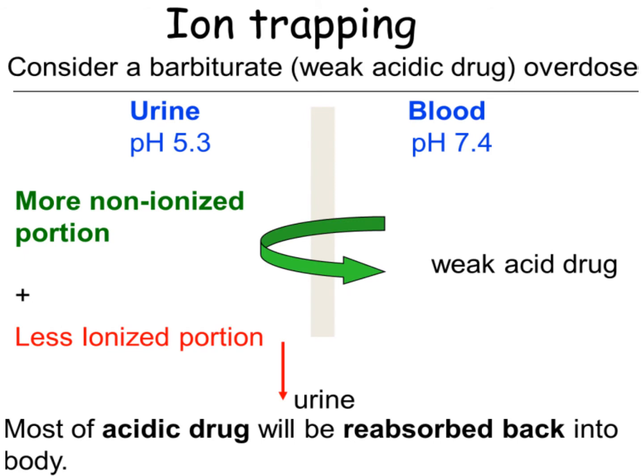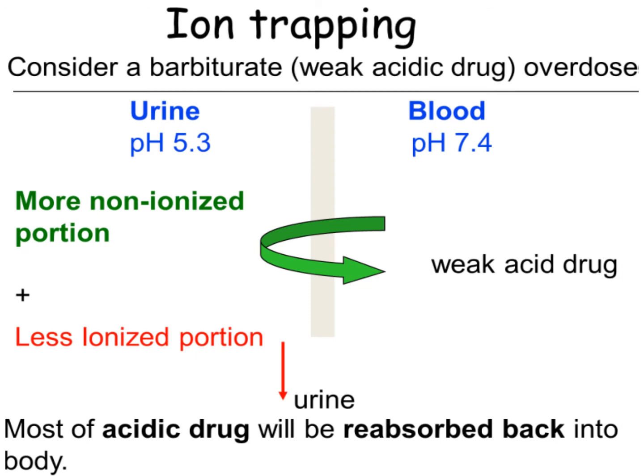Let's explain the mechanism of action of alkaline diuresis through ion trapping. We will take barbiturate as an example of a weak acidic drug. The normal rate of elimination of barbiturate outside the body is shown here. The barbiturate will be excreted from blood to the renal tubular lumen, where the urine has an acidic pH.